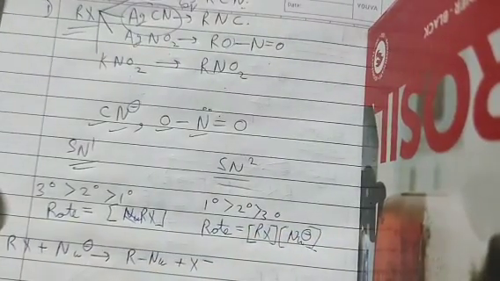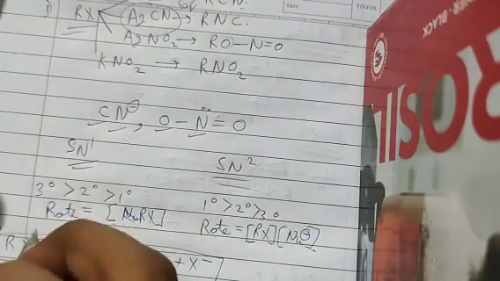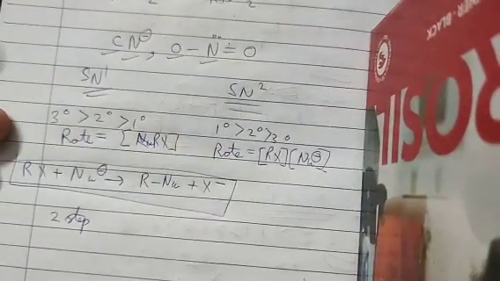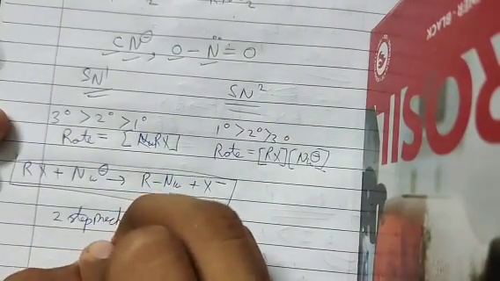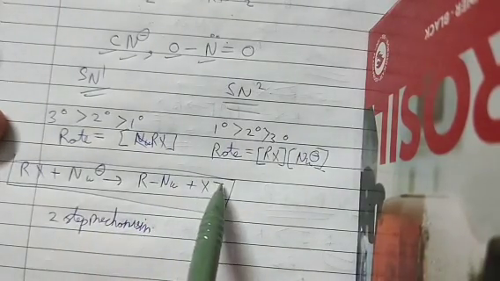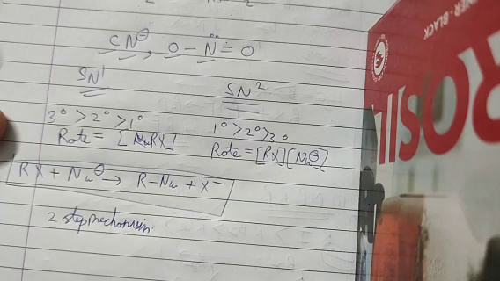Alright, next our points of differences. SN1 is a two-step mechanism. What do we mean by a two-step mechanism? In the first step, the leaving group is removed and you get a carbocation, which is trigonal planar. In the second step, the nucleophile gets attached.